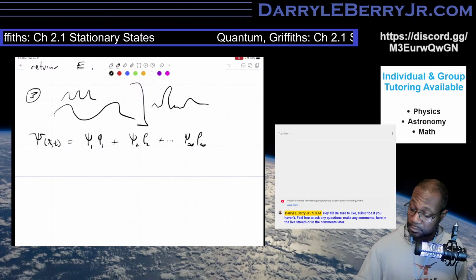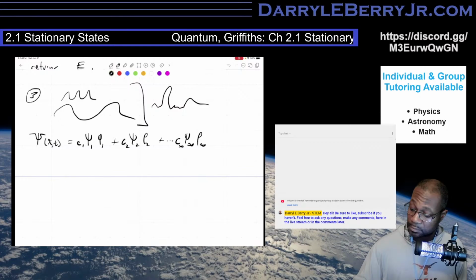And the difference here is that I would have to find some constant to multiply them by to keep them normalized to the initial conditions, whatever those initial conditions are.